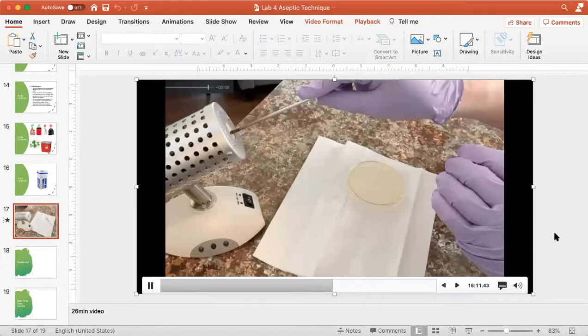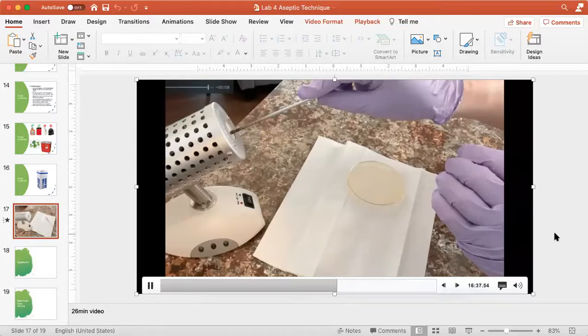I put a large number of cells onto the surface. And then by sliding my loop across the surface, back and forth and back and forth, what I'm doing is I'm spreading those cells across the surface of the plate, so that I'm giving them room to grow on that nice nutrient-rich solid media.